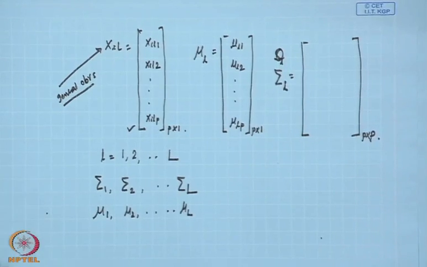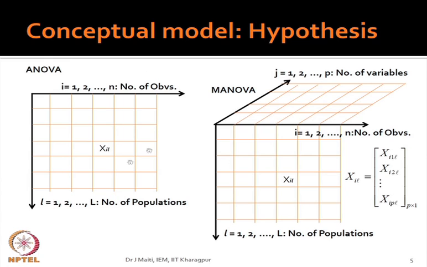So, this is pictorially given in this figure. I think it is very clear now that in ANOVA we have different populations and different observations, and for MANOVA it is population, observation and variables, and this general observation is XIL. You have to keep in mind this vector part.